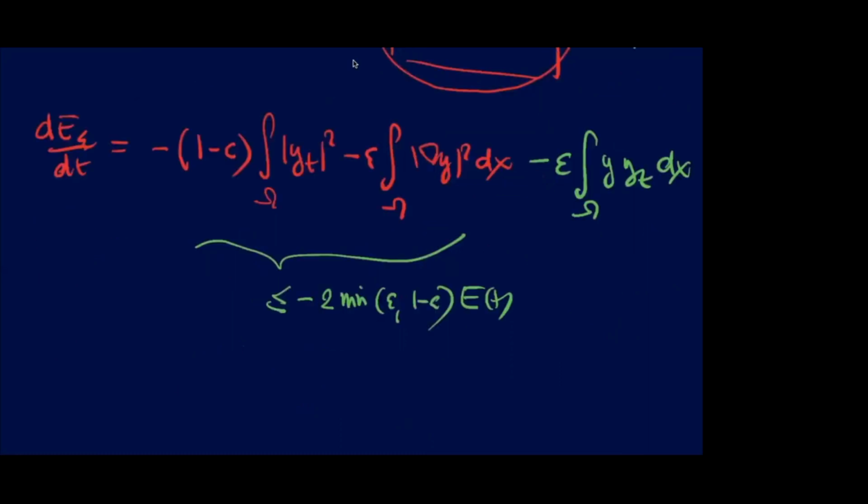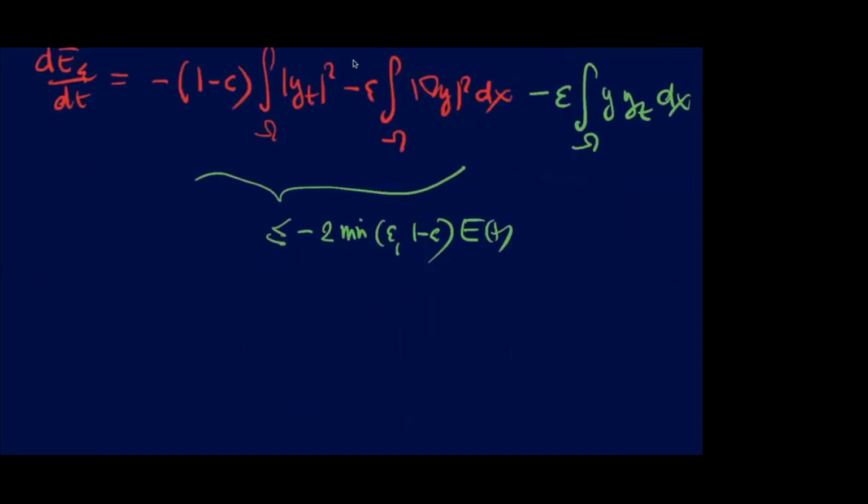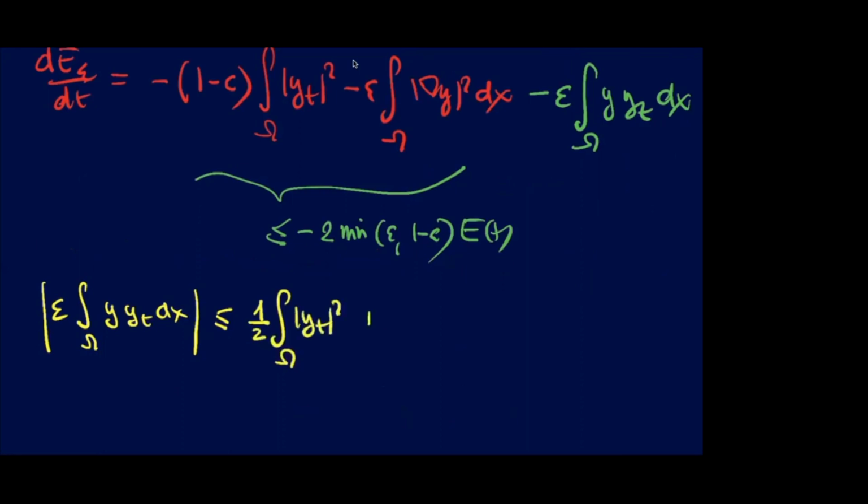So I could, for instance, take epsilon YYT and, using Cauchy-Schwarz and classical inequalities, I could show that this is less than 1 over 2 the integral of YT squared plus epsilon squared over 2 the integral of Y squared.